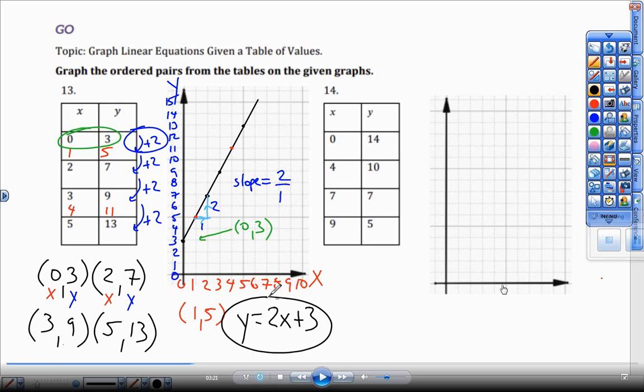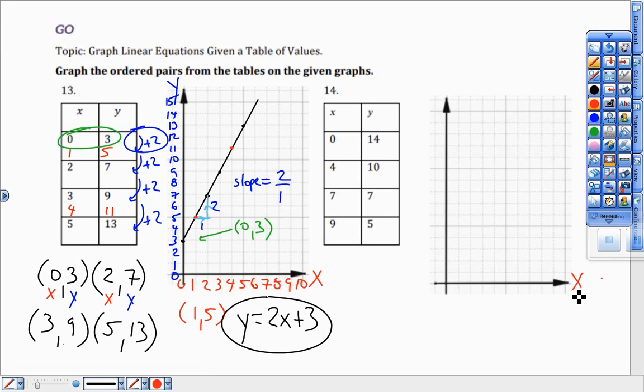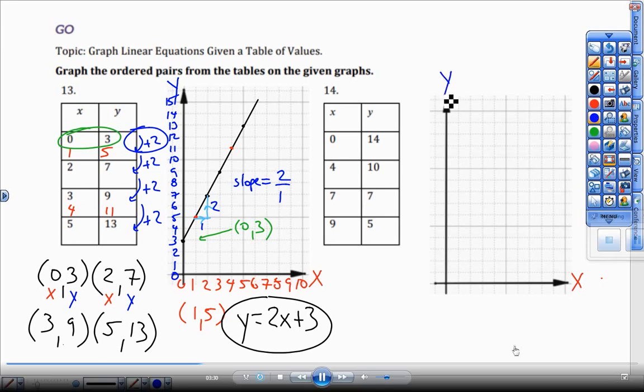All right, next one. We want you to label the x and the y axis. Want you to put those numbers down. Label the y axis.